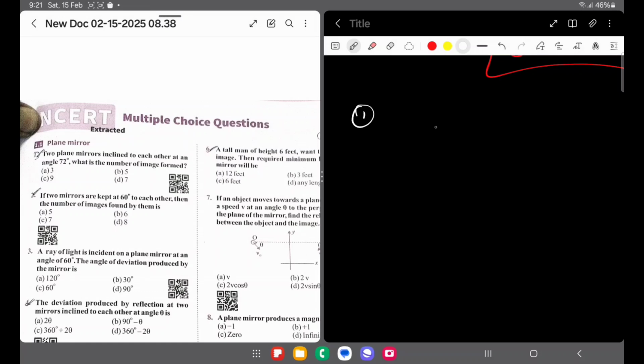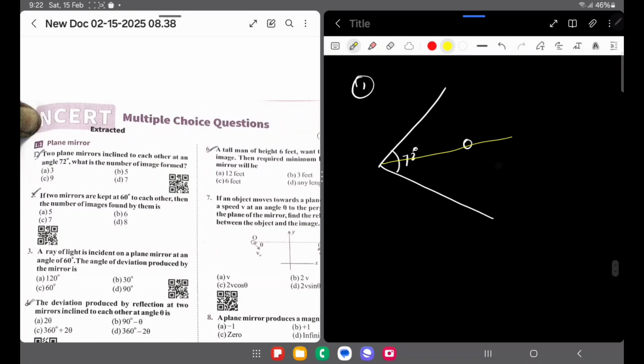What is the number of images formed? We already discussed that, right? The angle between them is 72, and between these two plane mirrors we place the object. They have not said anything about the symmetric conditions of the object, so if they have not said anything about the position of the object, by nature we can assume we have placed the object exactly at the angle bisector.